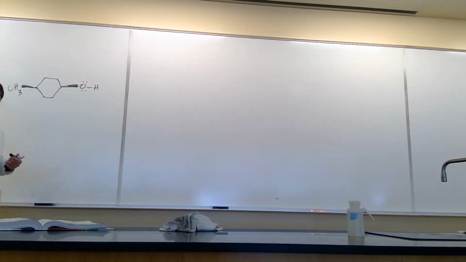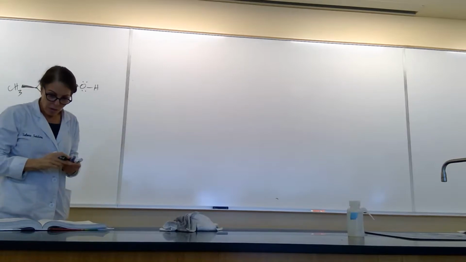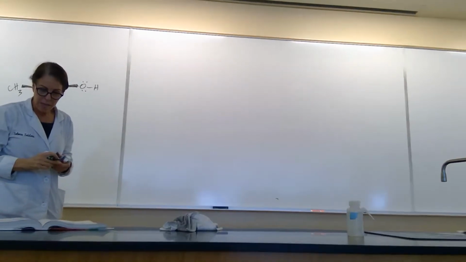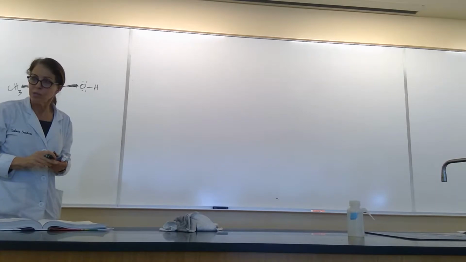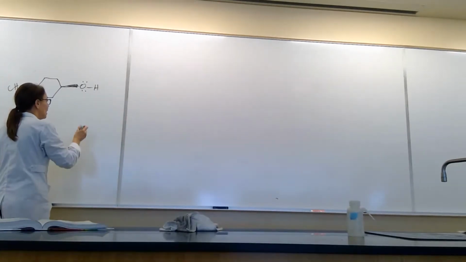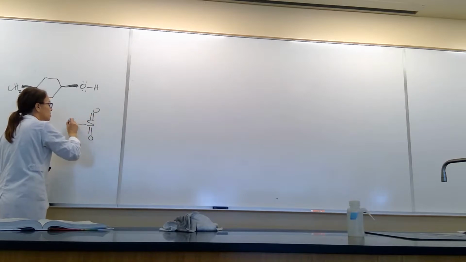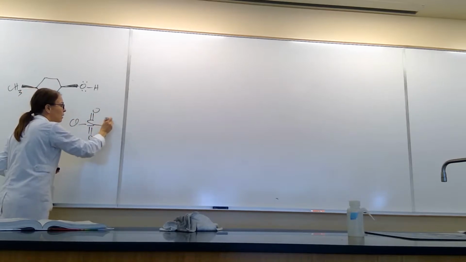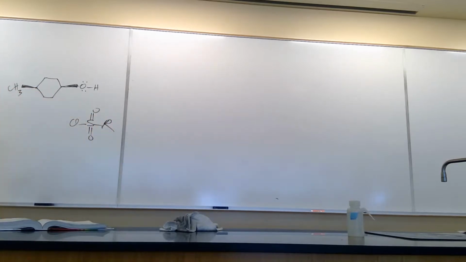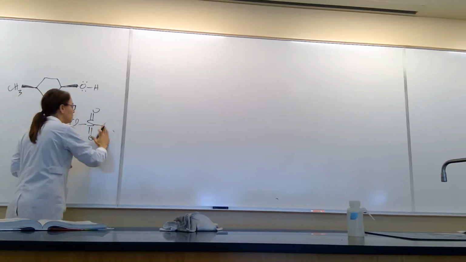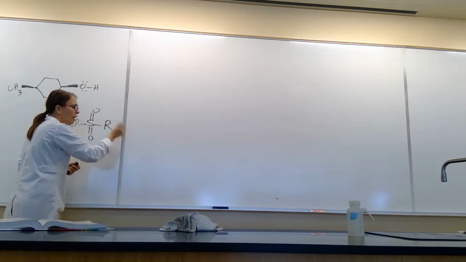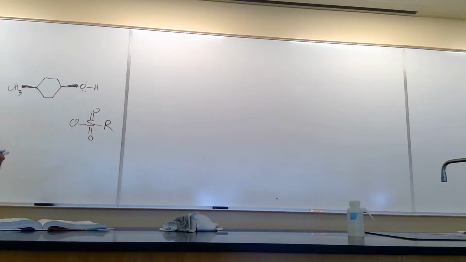They both are chiral centers. So first step is TsCl. It's a tosyl, which means it's an S double-bonded O, O, Cl and something, like an R, anything on that side. You can put any substituent there. So that's what TsCl means.